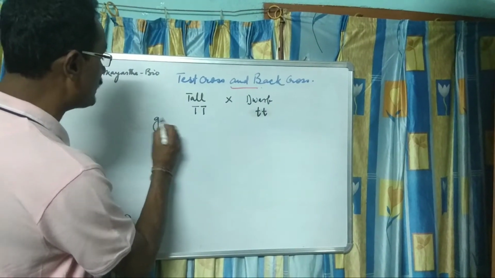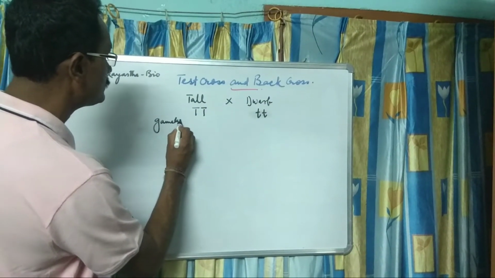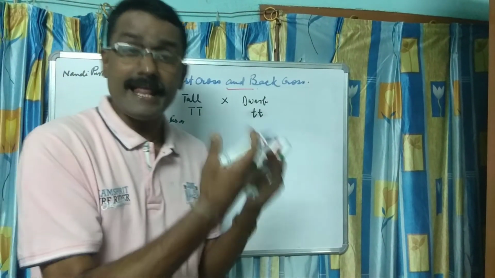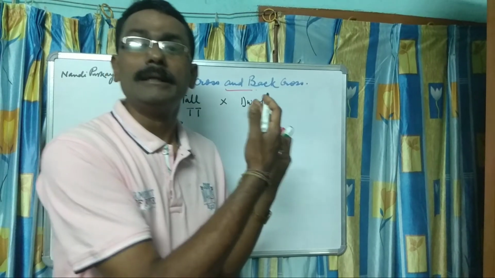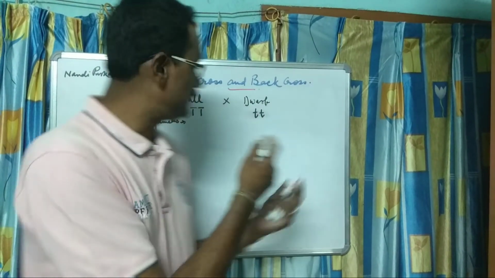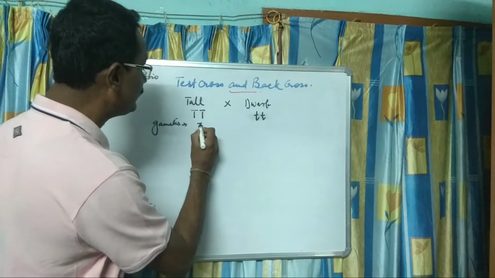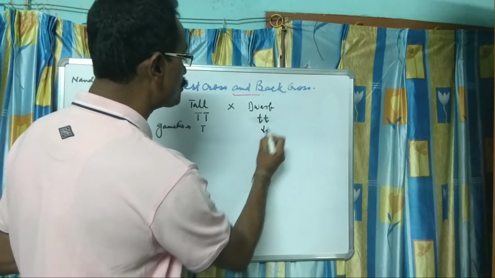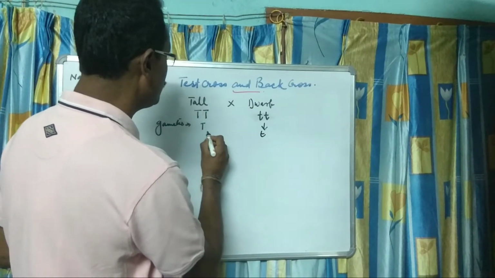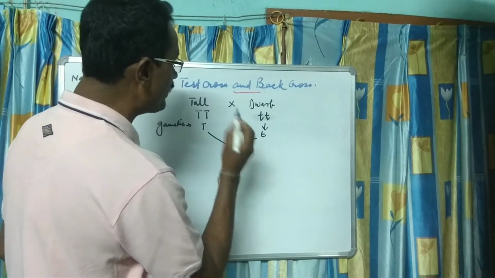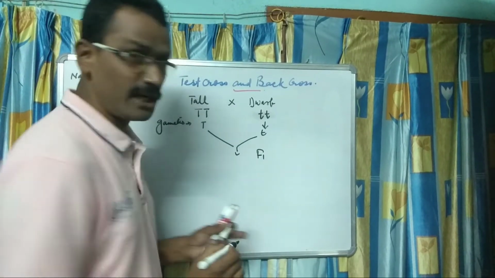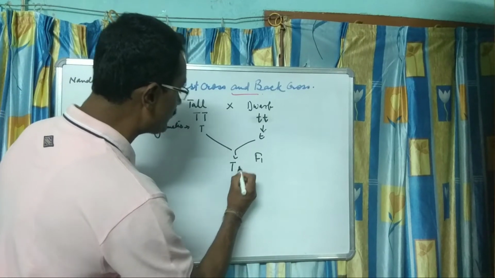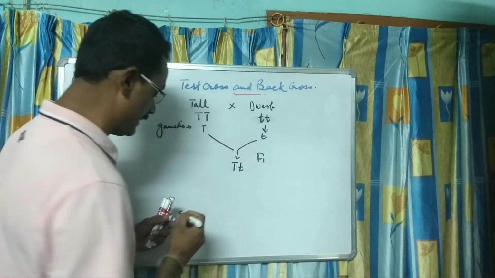Now, as I told you earlier, gametes will be produced. Gametes will be half, or N, of the mother or the father, that is the parent. That will be T. Here also, it will be half N. This is twice N, T. What you are finding in the F1 generation, the first filial generation, is capital T and small t.